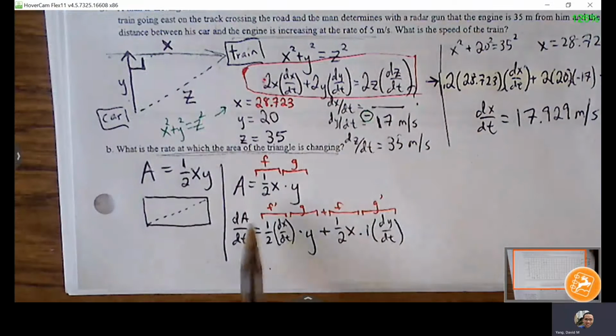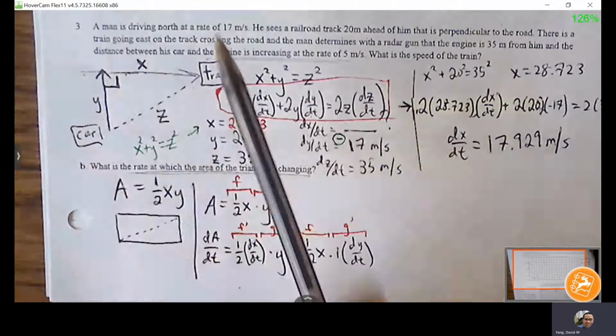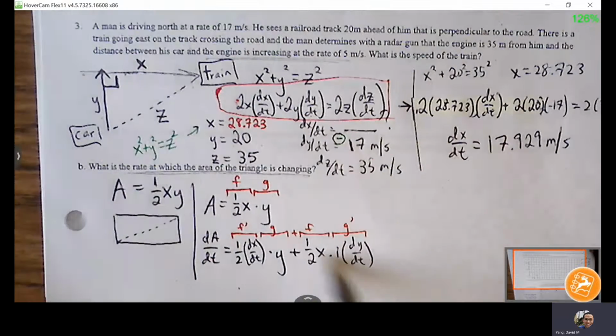All right, so that's the hard part, just recognizing the need for product rule and then applying it correctly with a related rates context. So now everything that we found from part A is fair game. Enter all that in, we can find dA/dt.